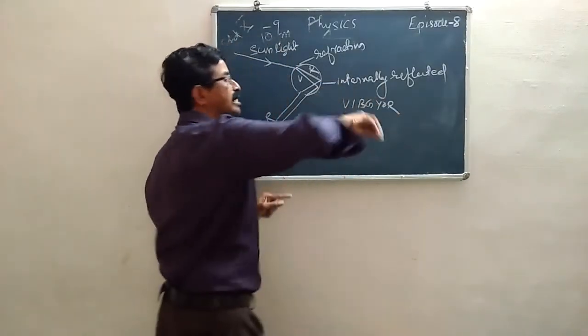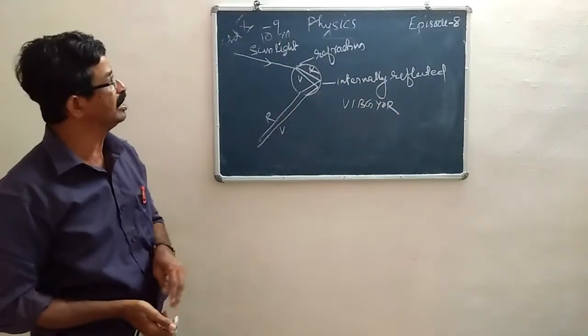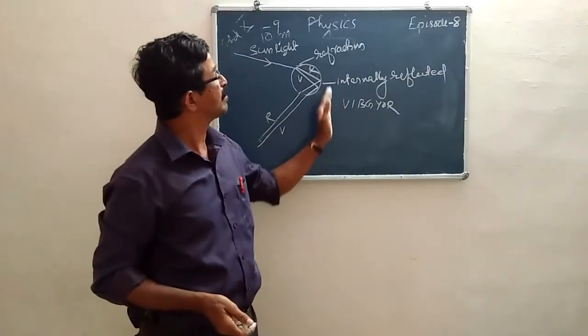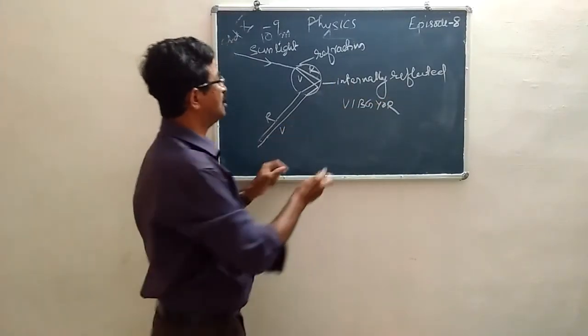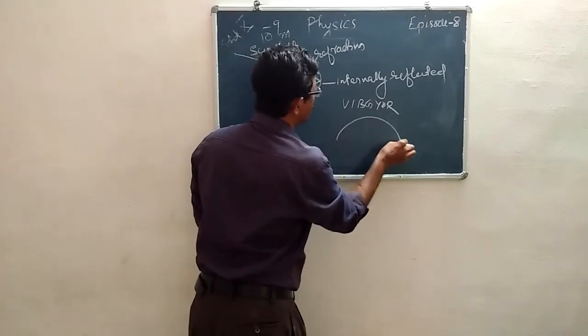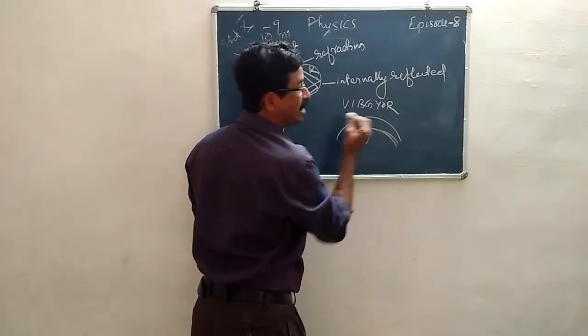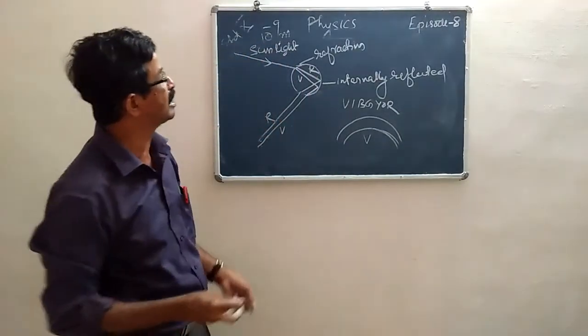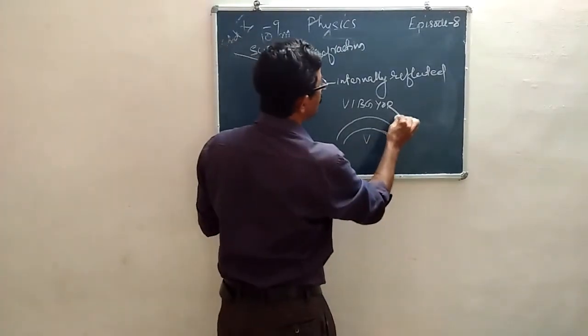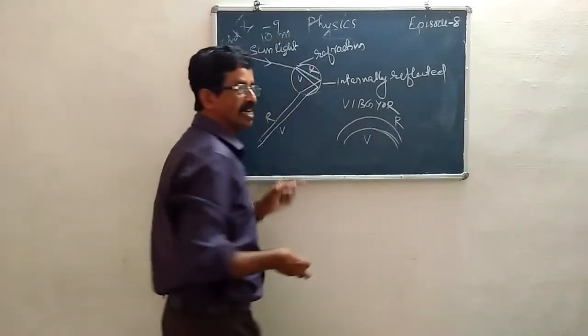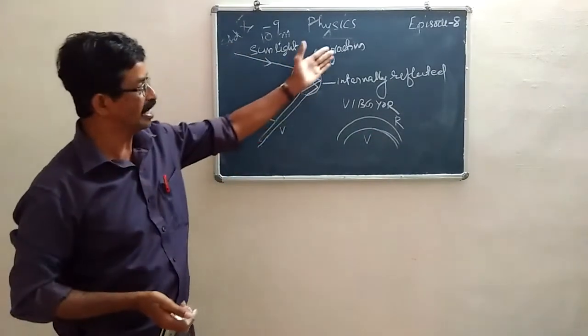But we cannot separate these colors very clearly. When you observe the rainbow in the form of an arc, its inner edge is violet, and the outer edge is red in color.